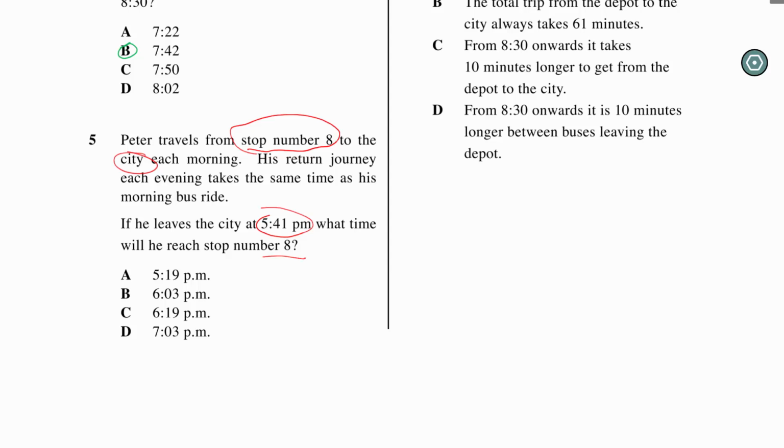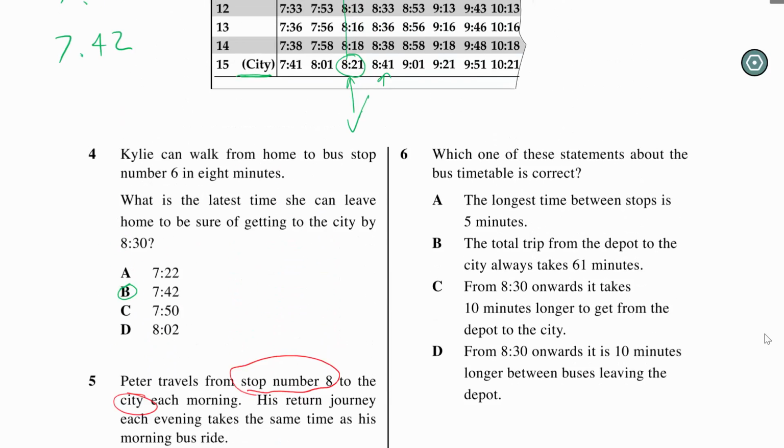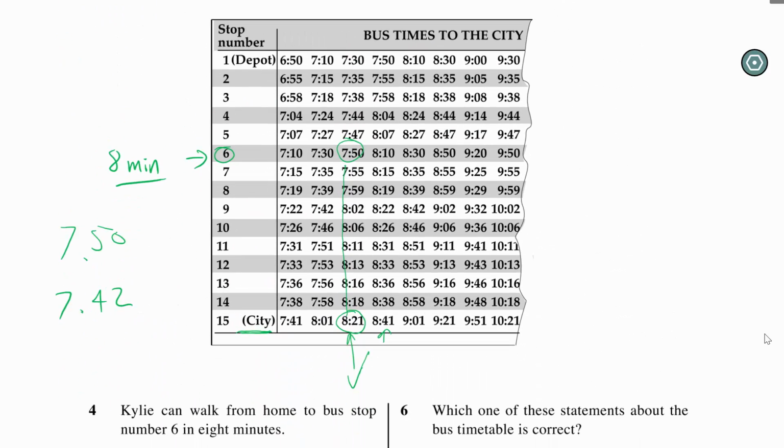Well, let's go back up again. Number 8 is here, and the city is number 15. So all we have to do is find out how long it takes for the bus to go from 8 to 15. Let's just use the first one.